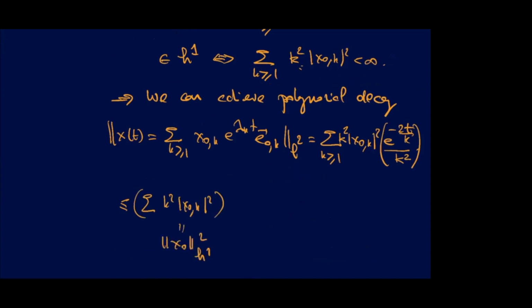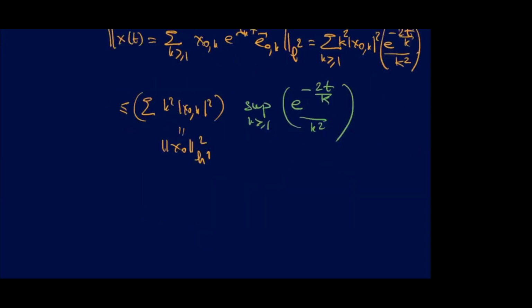I call it little h1 because it corresponds to the discrete version of the Sobolev space H1. So when you are imposing this kind of finiteness of this sum, this means that the energy of the system at high frequencies is necessarily small, right? And then I will have here, multiplying this, the supremum over k of exponential minus 2t/k divided by k squared.